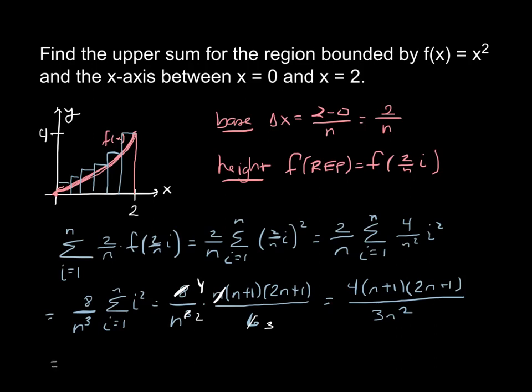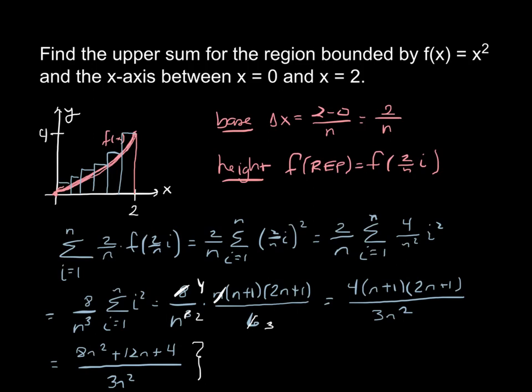And let's distribute that numerator. Let's see, we're going to have 2n squared times 4 is 8n squared. Then our middle term will be 3n times 4, which is 12n. And our last term will be 1 times 4, which is 4, all over 3n squared.